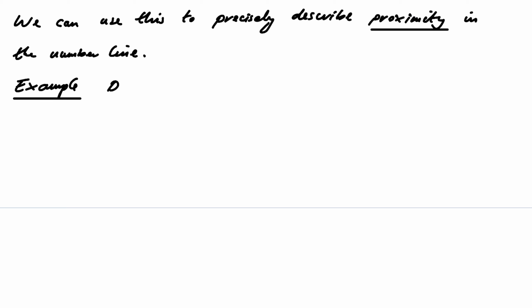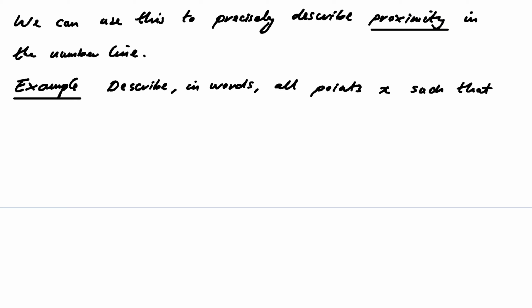Let's imagine I want to describe in words, so I can't just hide behind calculations, all points x such that the absolute value of x minus 5 is less than or equal to 3.